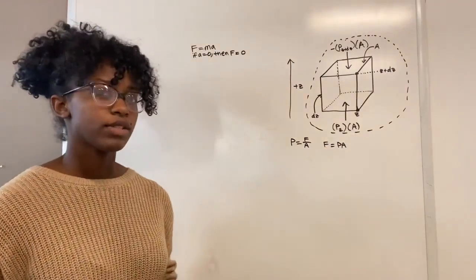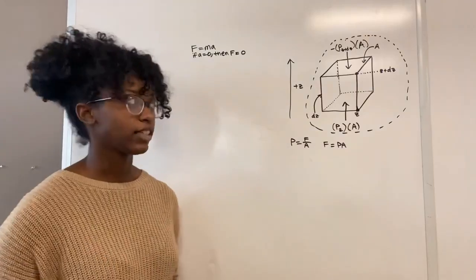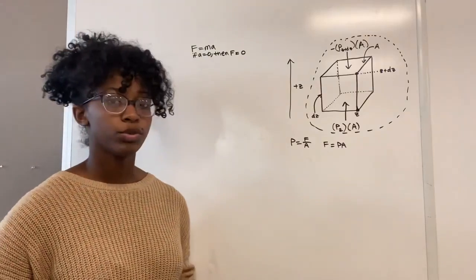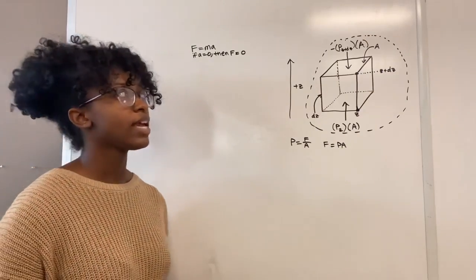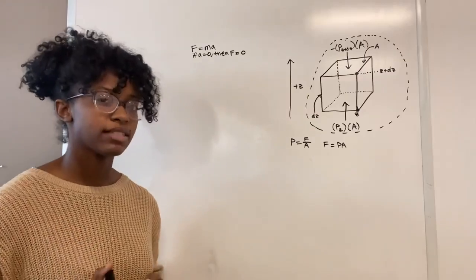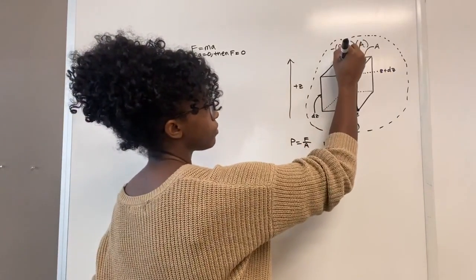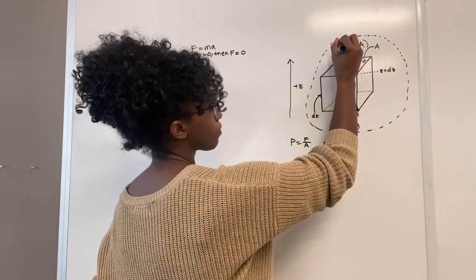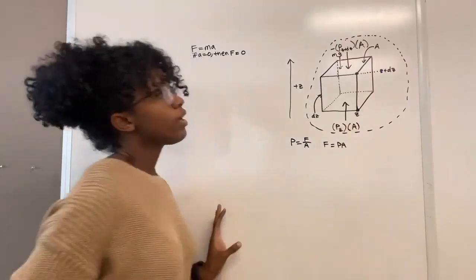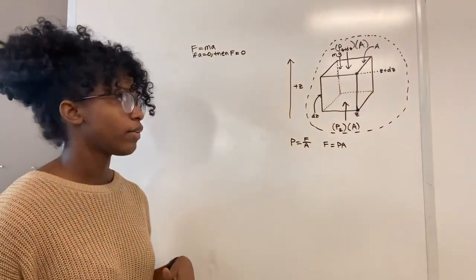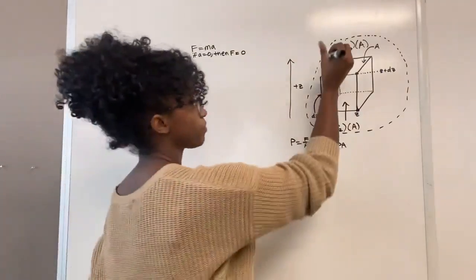And we also have to consider the gravitational force that's acting on this fluid, which will be equal to the weight of the fluid, and that is its mass times the acceleration due to gravity. And it's acting in the downward direction, so it's also negative.